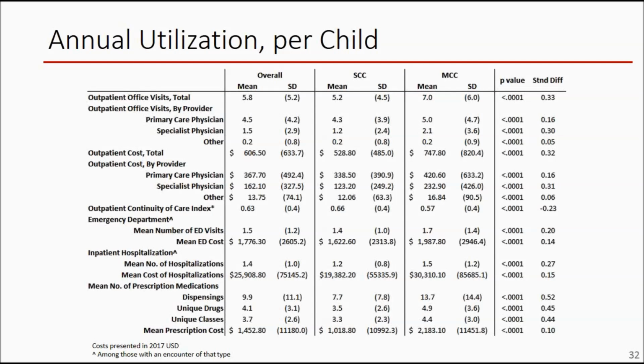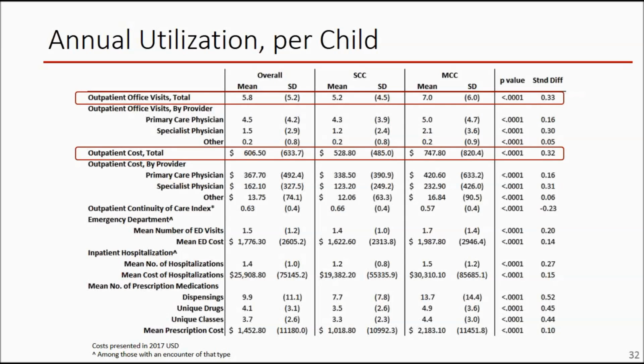Now, starting to look at what these kids look like as far as their interaction with the healthcare system. There's a lot on this slide, so I'm going to walk through it bit by bit. General takeaway is MCC kids are higher utilizers than SCC kids, but it comes through in some very specific areas.